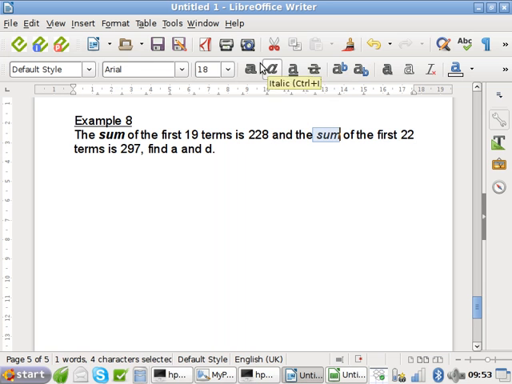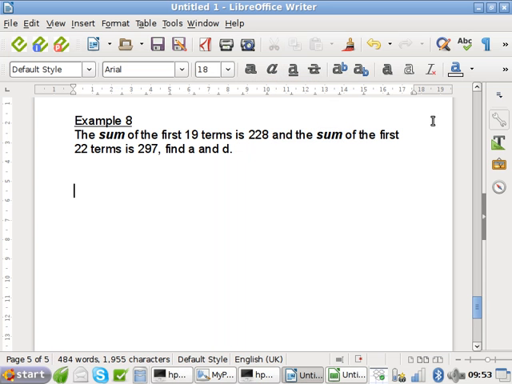So you have S19 equals 228, and S22 equals 297.